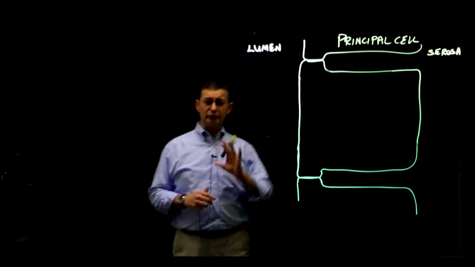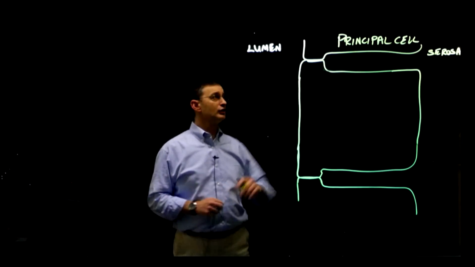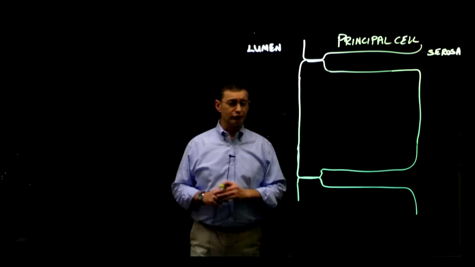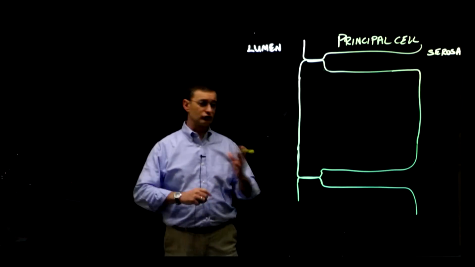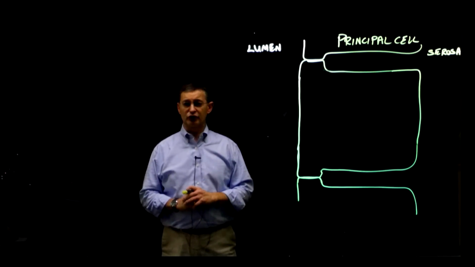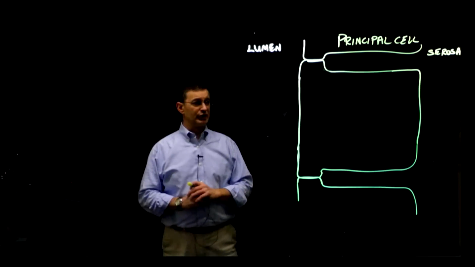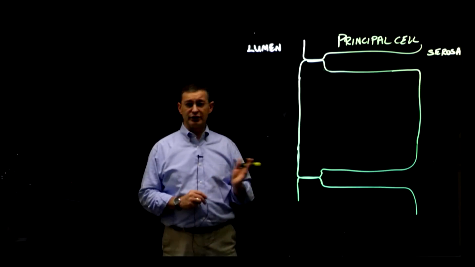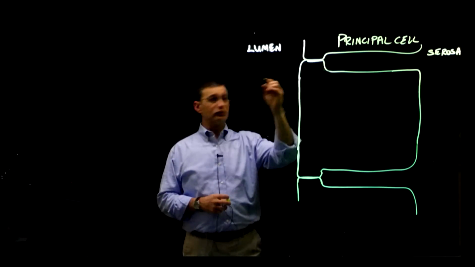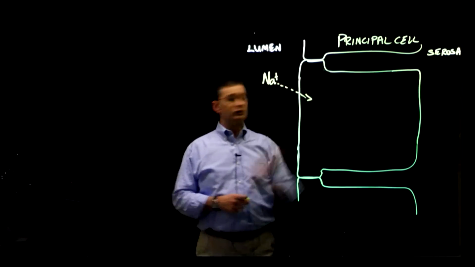In order to look for the mechanism and the physiology behind that, we're going to have to turn to the principal cell. The principal cell, you'll remember, is in the collecting duct. It is interspersed between intercalated cells, which are responsible for acid-base transport. But the principal cell is responsible for sodium reabsorption, potassium secretion, and water movement when ADH is present. Structurally, the principal cell has an apical sodium channel.